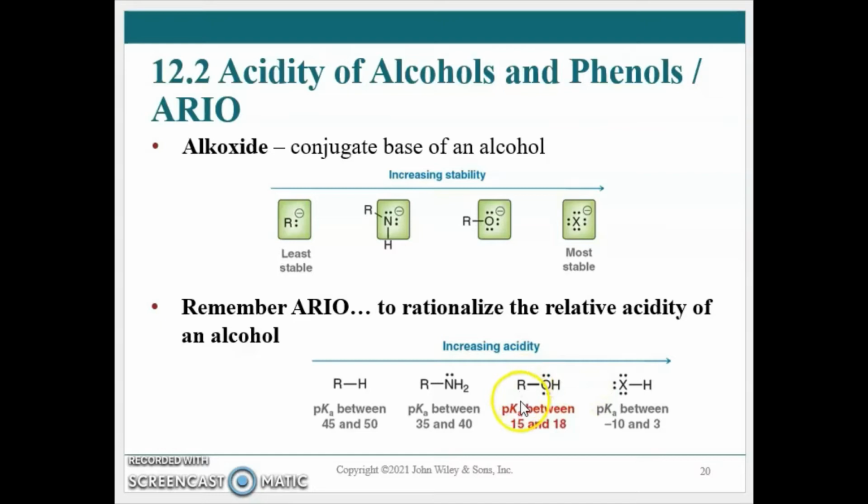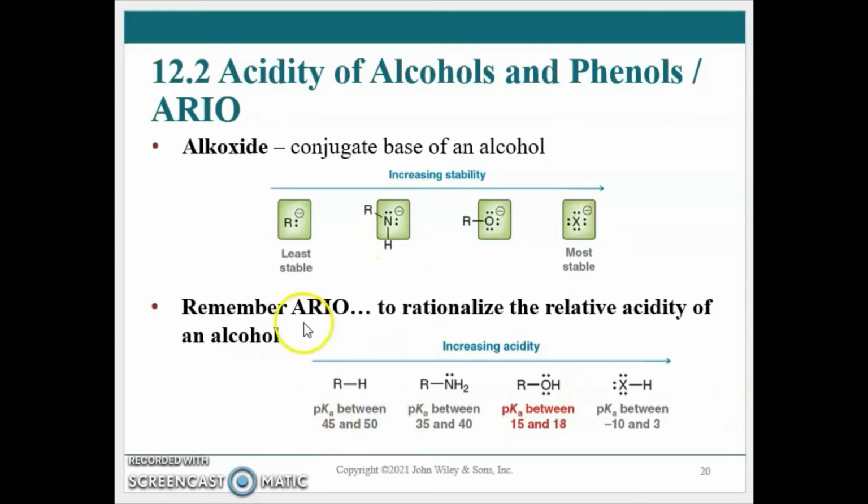An alcohol has a pKa of 15 to 18, so not as strong an acid as water, but not far off of that. Looking at an amine, even less strong of an acid, pKa of 35 to 40, and then an alkane, the weakest acid of all in this comparison, pKa of 45 to 50.